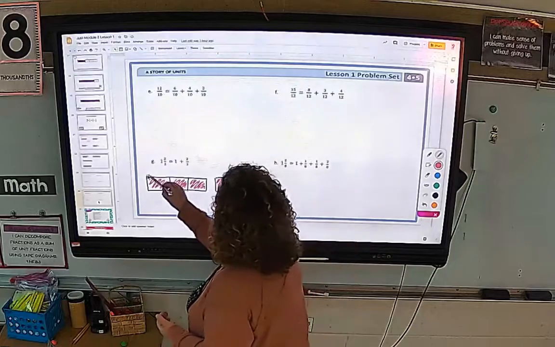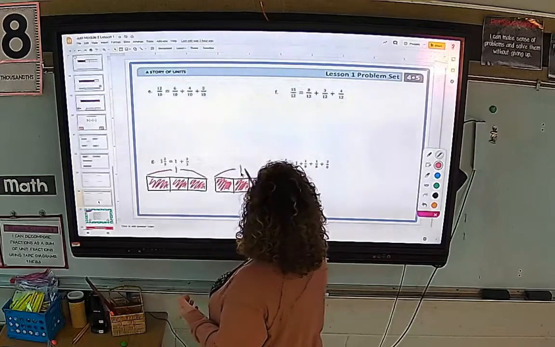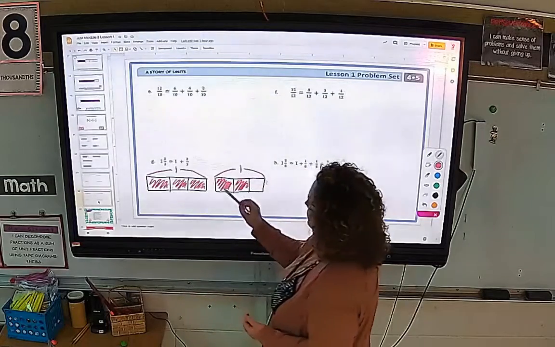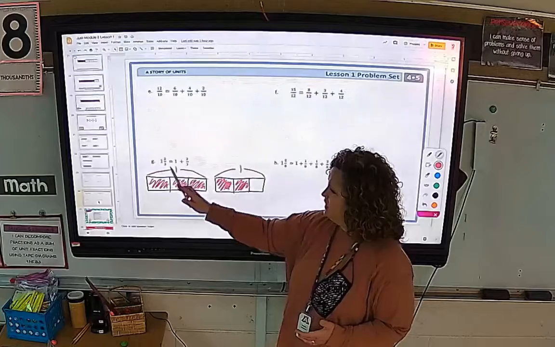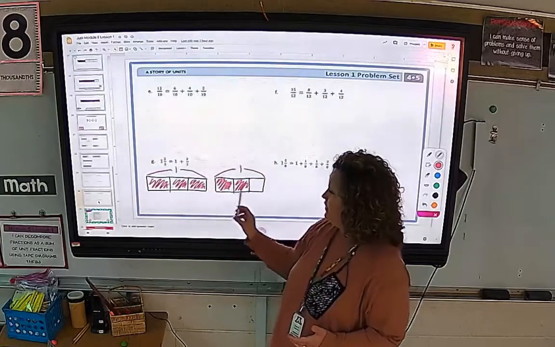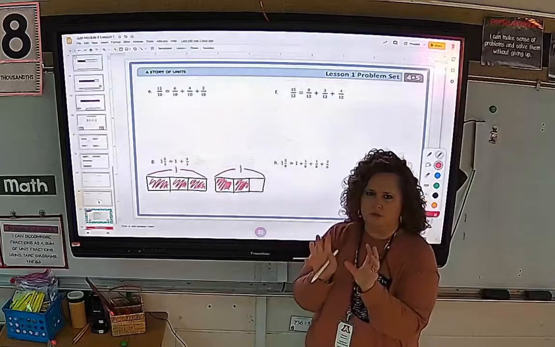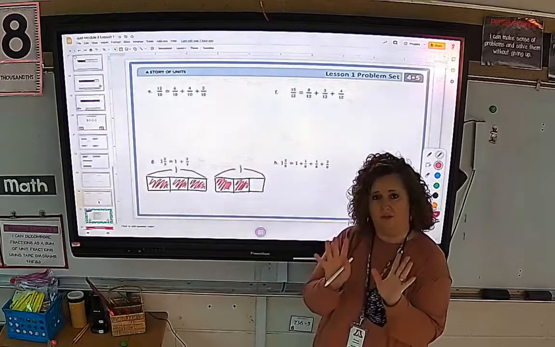So this is 1 whole. And this is 1 whole if I go all the way to the end, but by me just shading 2 pieces, I'm showing 2/3. So I'm showing the 1 whole and I'm showing the 2/3. It's like I'm showing it in 2 separate things, but they're right beside each other, so it's what I have all together. Okay.